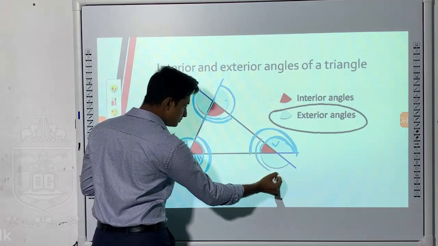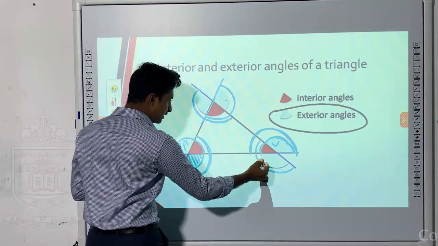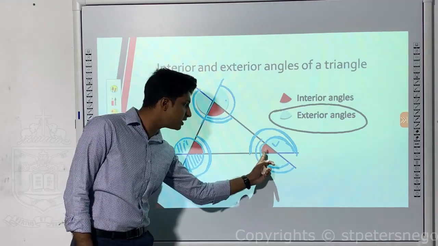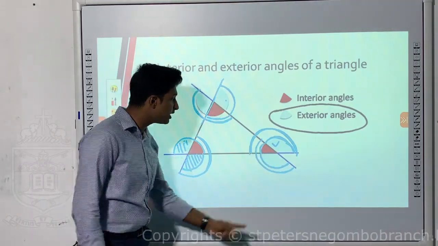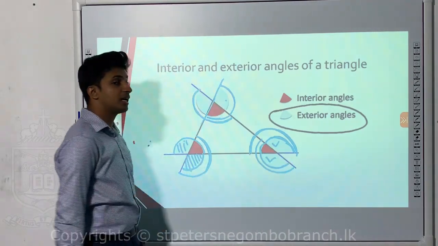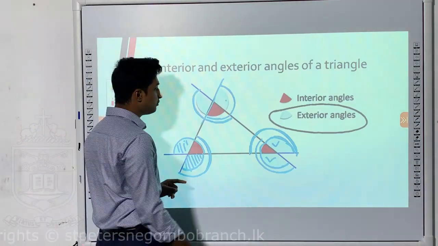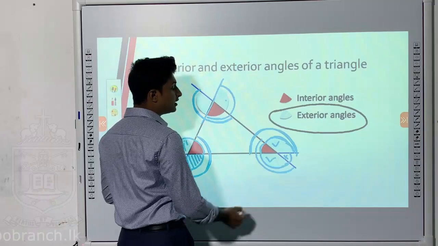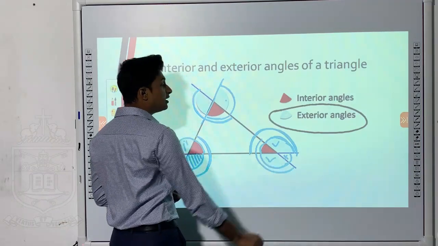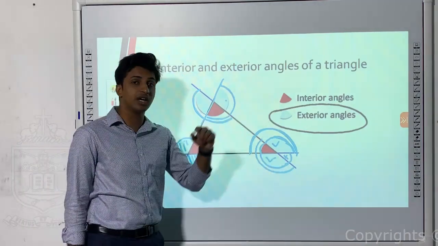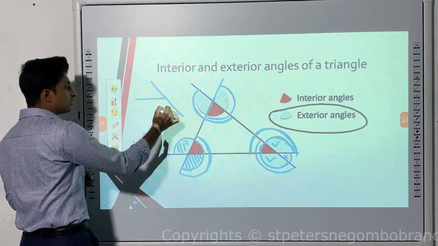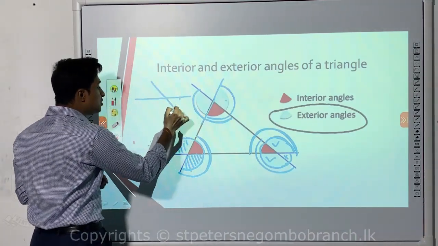Even here, this exterior angle with this interior angle is forming a straight line. So this also can be taken as an exterior angle, but we cannot use this side. This angle cannot be taken because you can't form a straight line with the red color interior angle. This is not 180.